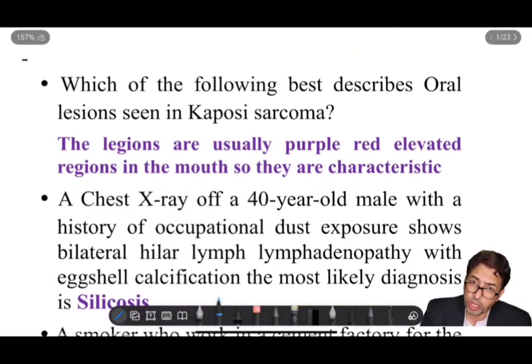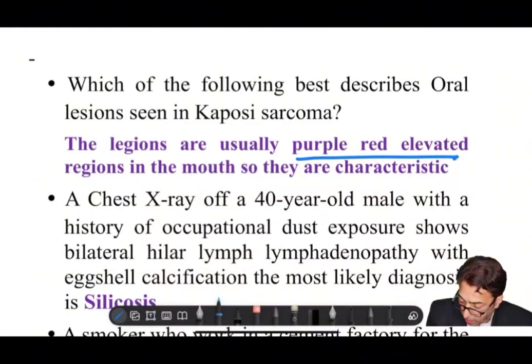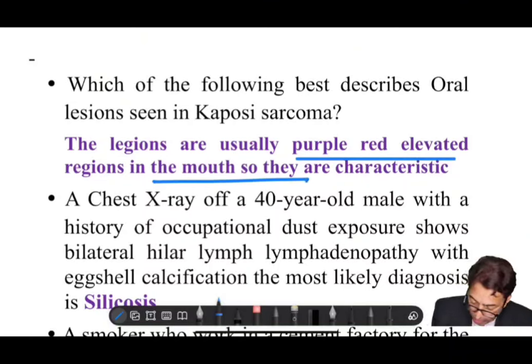There were multiple choices given, and you have to remember that they are characteristically purple red, elevated, and these lesions asked were the lesions in the mouth. So the first question was Kaposi sarcoma lesions in the mouth, characteristically red, purple, elevated.